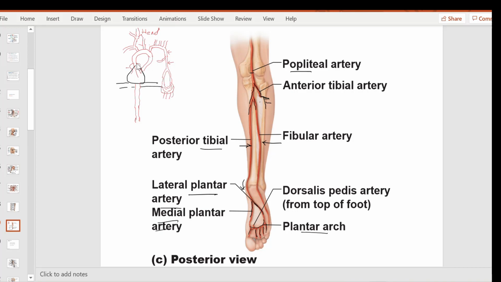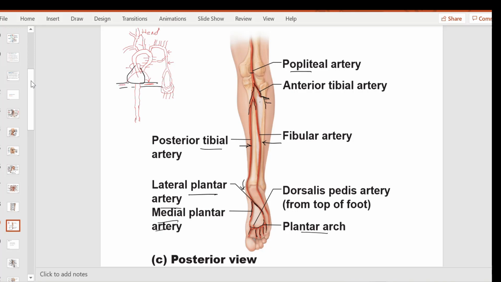So that is the upper limb. Then from the thoracic part of the aorta, descending aorta, we get several intercostal arteries. Okay, and also we get two superior phrenic arteries for the diaphragm.